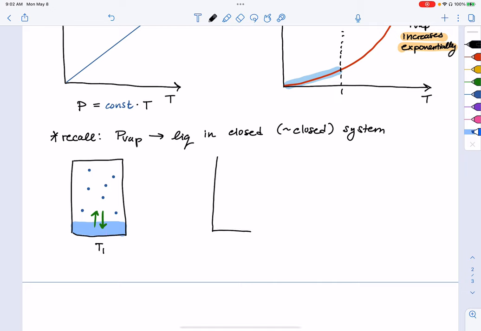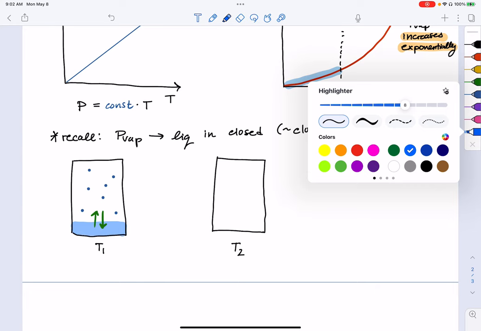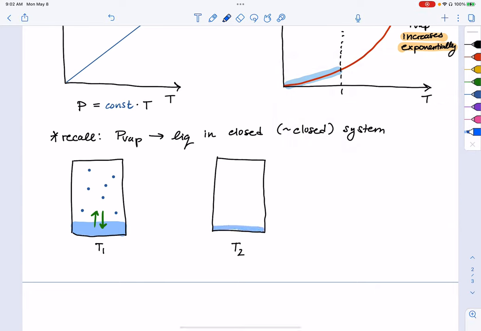And then as I increase that temperature, I would see that the level of my liquid would get lower because I have now shifted the equilibrium in favor of producing gas particles, right? If there's more energy in the system, then there's going to be more statistical likelihood that our liquid particles encounter that gas-liquid boundary and escape into the vapor phase. So if T2 is higher than T1, then we should see that.